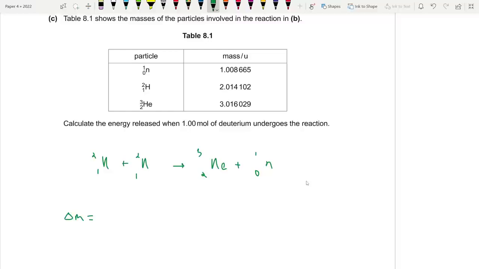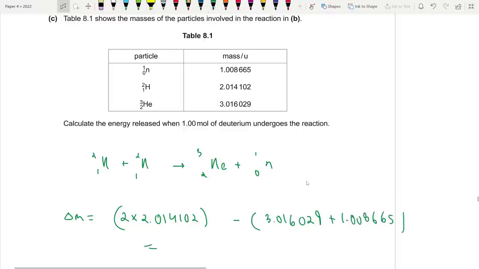On the left hand side, the total mass should be 2 into 2.014102, and on the right hand side it's 3.016029 plus 1.008665.